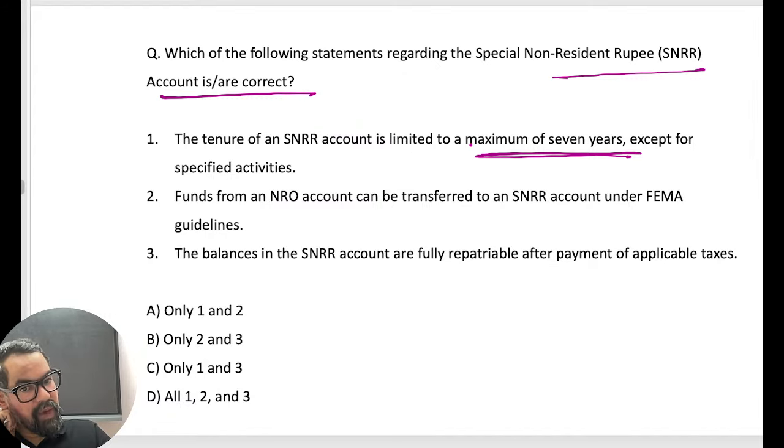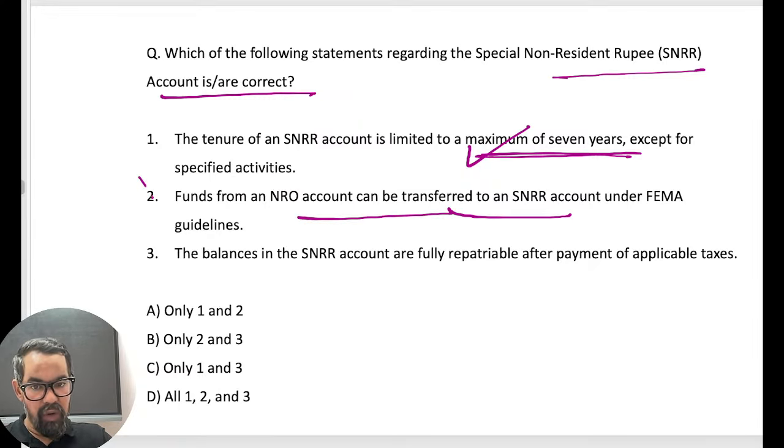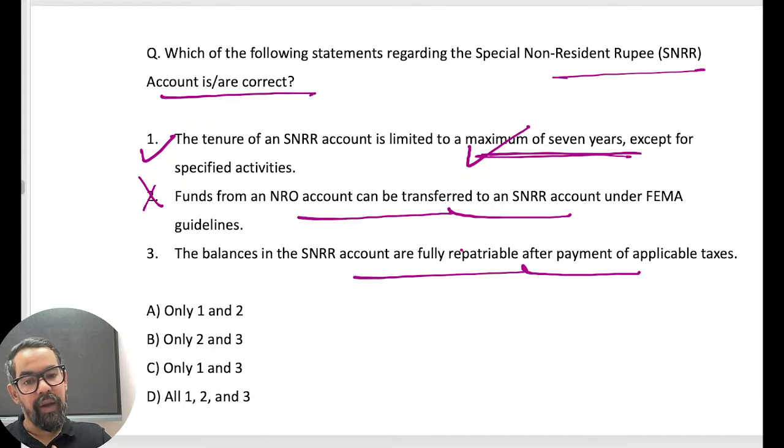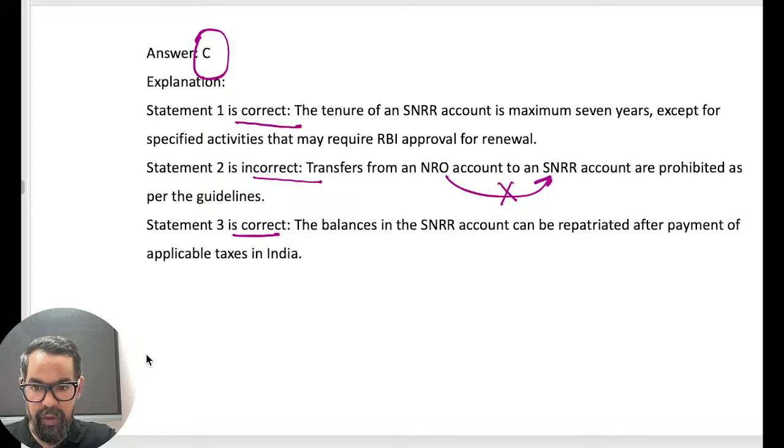So it is for a maximum of 7 years. That is true. The fund of NRO can be transferred in this. Wrong है, अभी हमने इसको discuss किया, ठीक है. The balances in SNRR accounts are fully repatriable because the source of income is generally from foreign. After payment of taxes on that business, whatever you have generated, you can remit the आपका remaining money abroad. Correct? Next one.